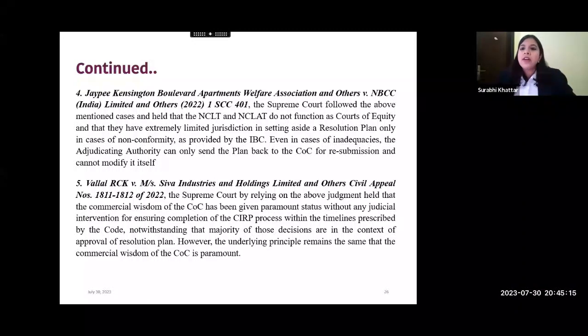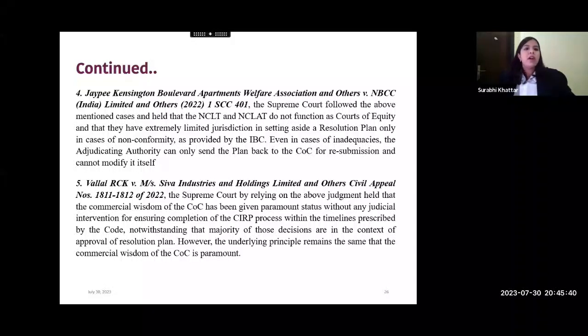In Videocon, a plan was approved initially by COC and then by NCLT. When the matter went before NCLAT, COC decided, in light of certain observations that were made in the plan approval order by NCLT, essentially on the nature of the payment to operational creditors, etc., that it may be reconsidered.